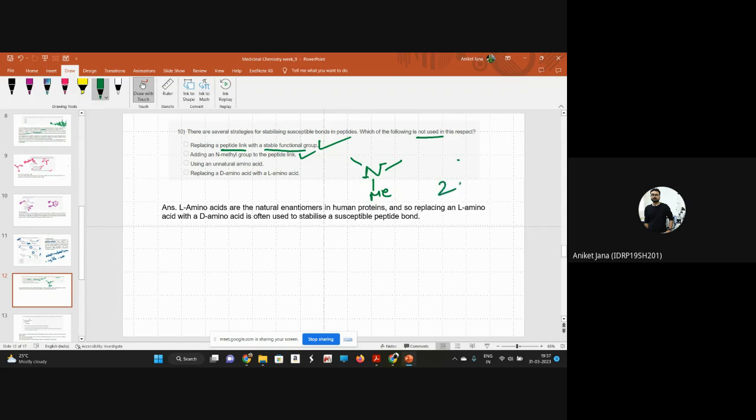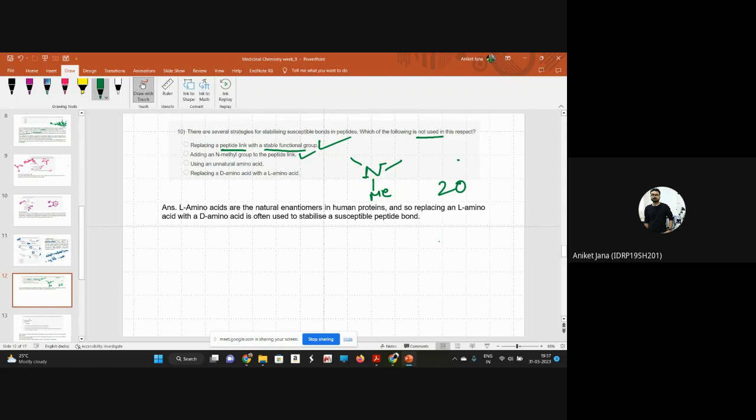Okay, there are 20 natural amino acids. We call them essential amino acids, and they are natural, meaning they are naturally occurring. So, using an unnatural amino acid also increases the stability of that peptide bond.